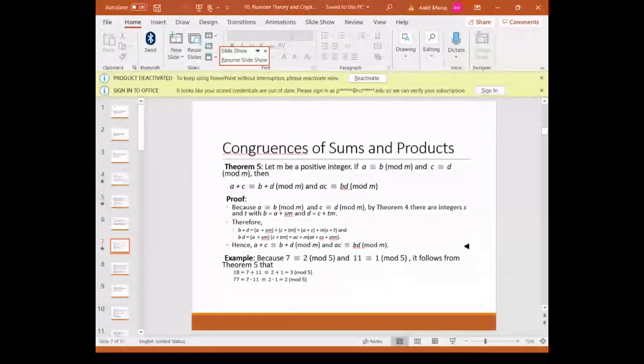Now we have the congruence of sums and the congruence of products.